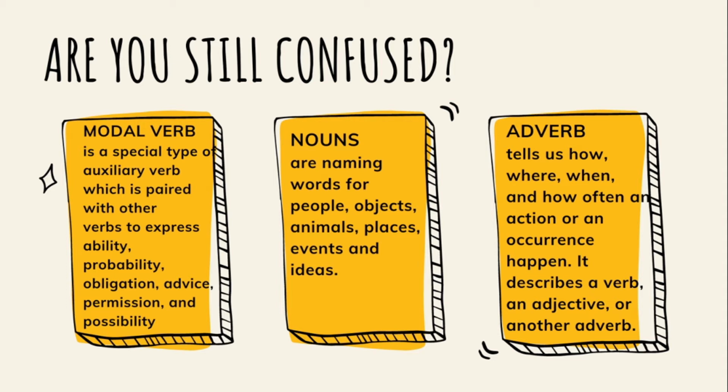For nouns, these are naming words for people, objects, animals, places, events, and ideas. An adverb tells us how, where, when, and how often an action or an occurrence happens. It describes a verb, an adjective, or another adverb.